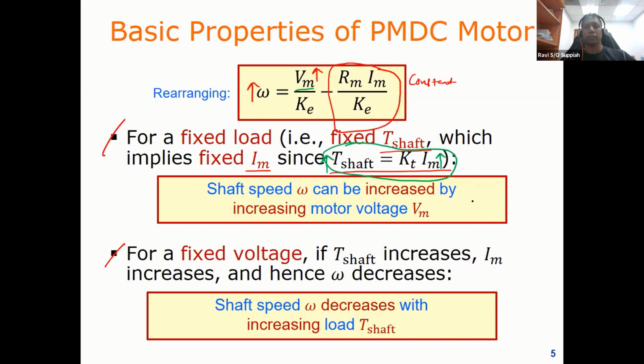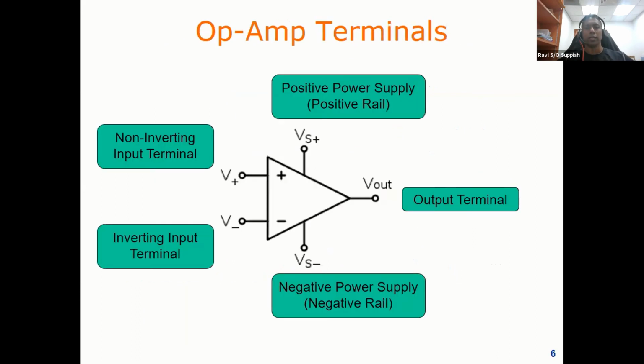If this component goes up and my VM is fixed, my omega will start to go down. These are the two ways in which we can look at this formula to understand the implications of a fixed load situation or a fixed voltage situation. Of course, we will be exploring this in more detail in the tutorial questions later.